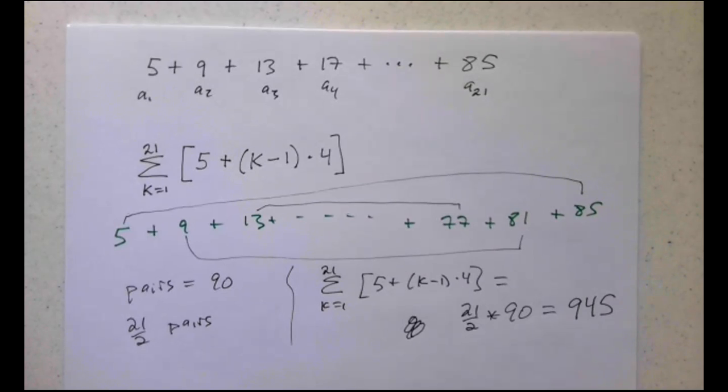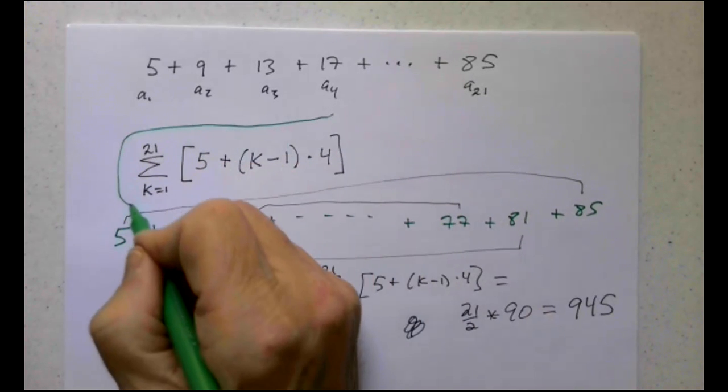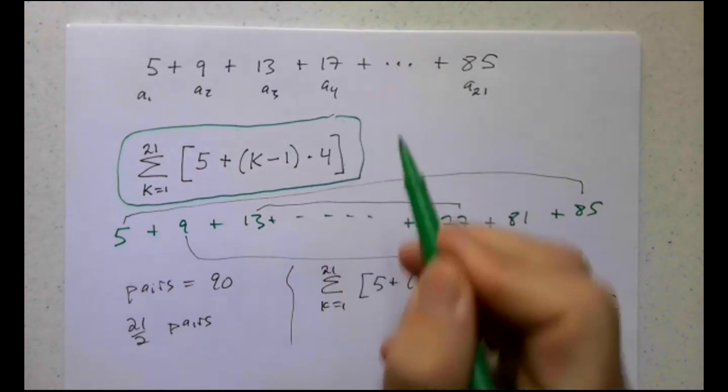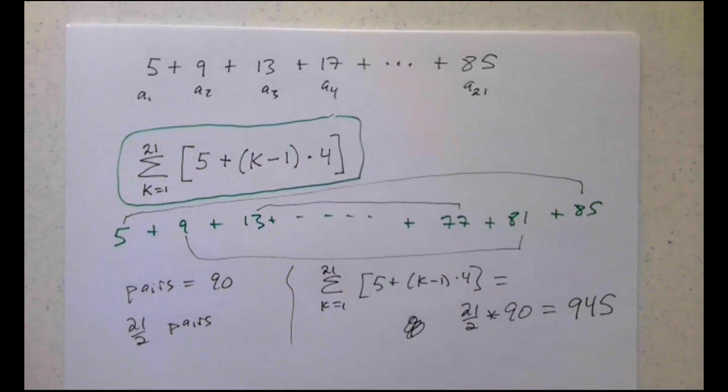Now, of course, we're going to check this on the graphing calculator. So I'm going to feed this into the summation operator on the graphing calculator and see if I really get 945. So let's see what we get.